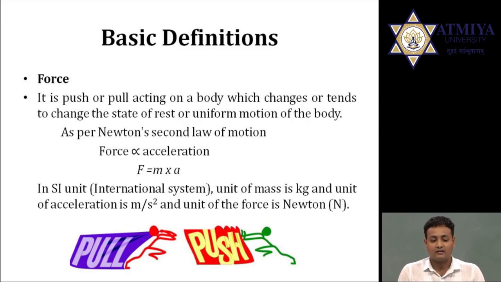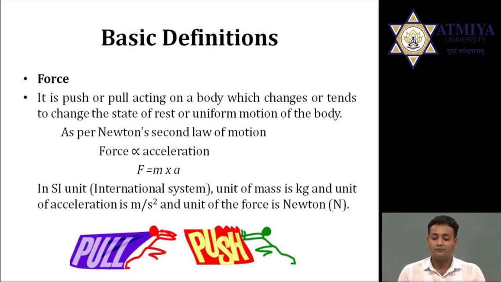Force. Now, what do you mean by force? It is a push or pull acting on a body which changes or tends to change the state of rest or uniform motion of the body. As per the second law of motion, the force is directly proportional to the acceleration, where F = m × a.